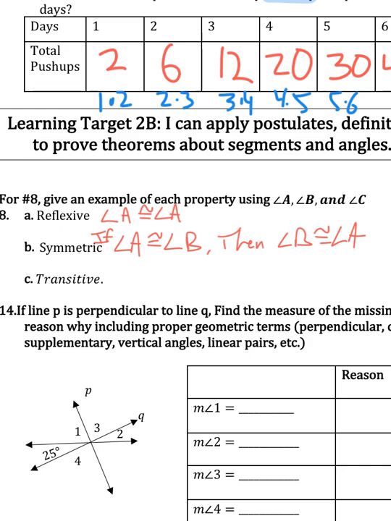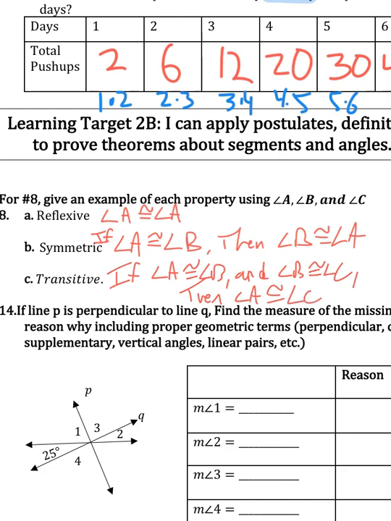Then we have the transitive property. Transitive we'll use a lot. If angle A is congruent to angle B and angle B is congruent to angle C, then we know the first and the last, angle A is congruent to angle C, because we have a connection here with B. So these guys form a connection, all right?